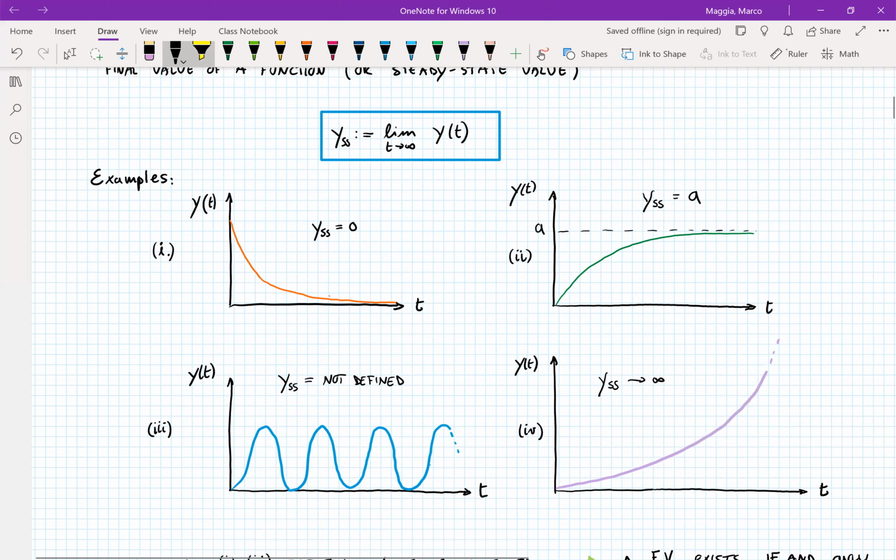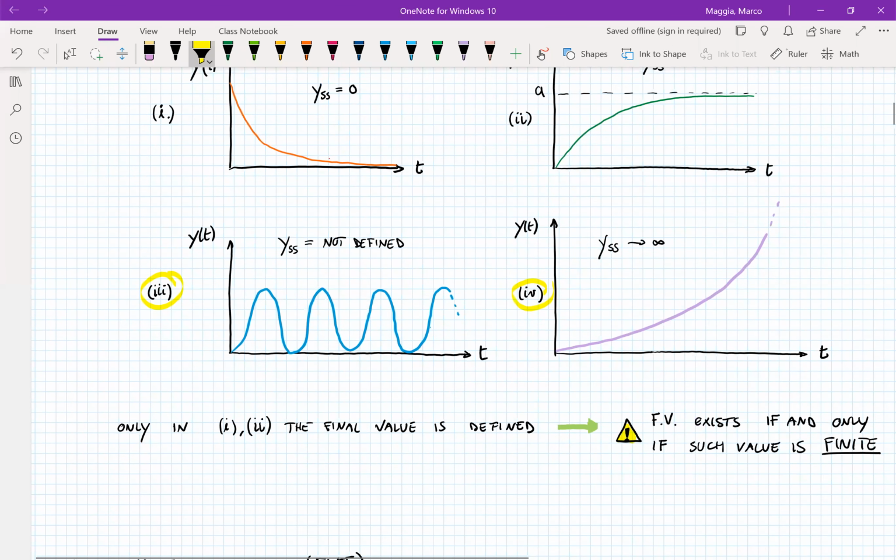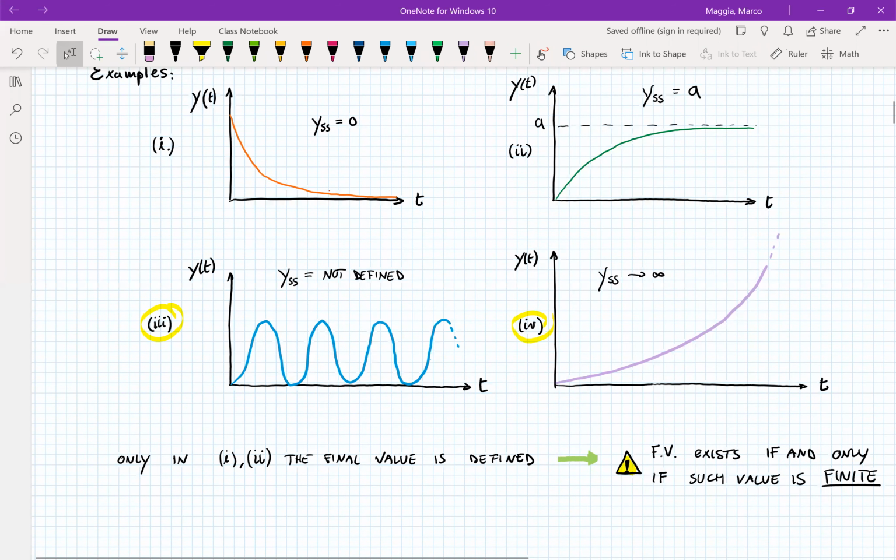So in case 3 and 4, the steady state value of a function is not defined. So the final value or steady state value is defined if and only if such value, or the limit for time that goes to infinity of y of t, is finite. Finite includes 0, okay? It has to be equal to a constant value.